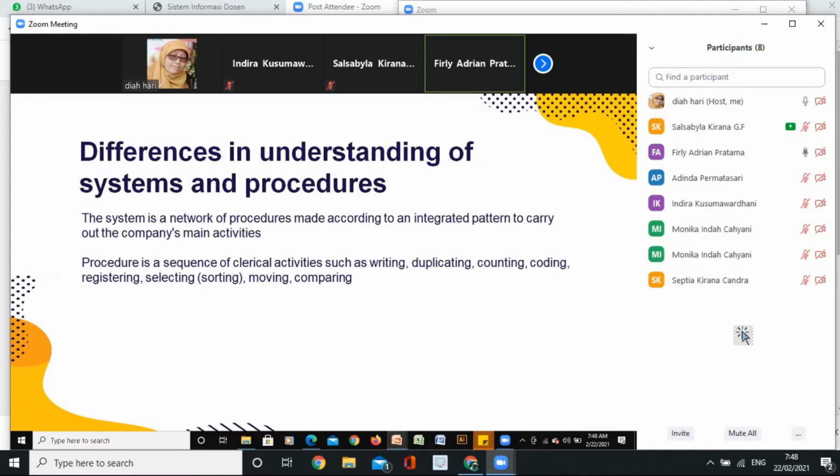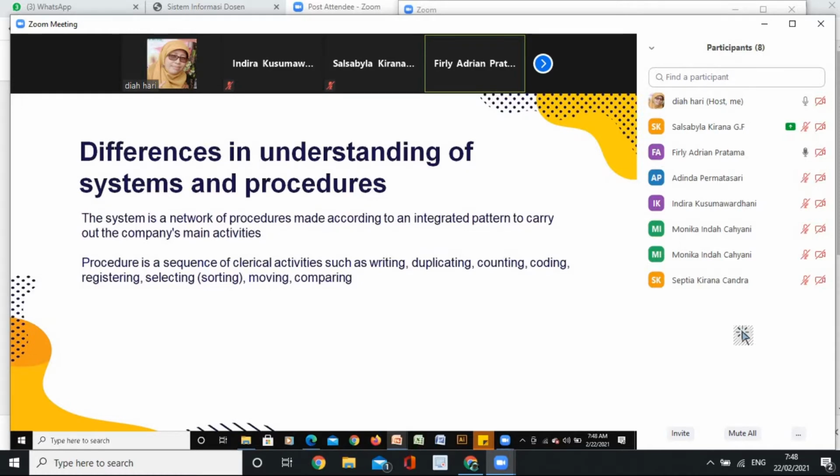So, what is the difference in understanding of system and procedures? The system is a network of procedures made according to an integrated pattern to carry out the company's main activity.